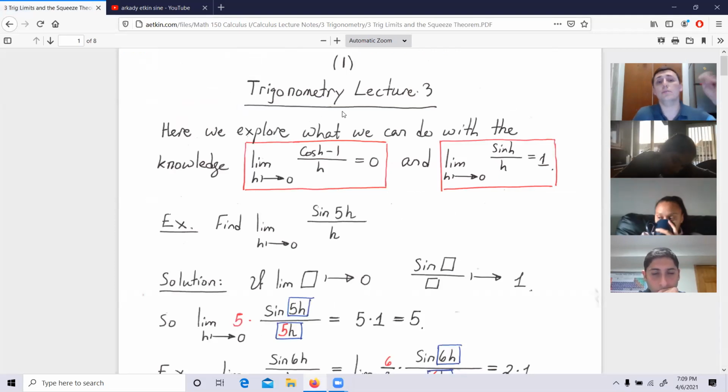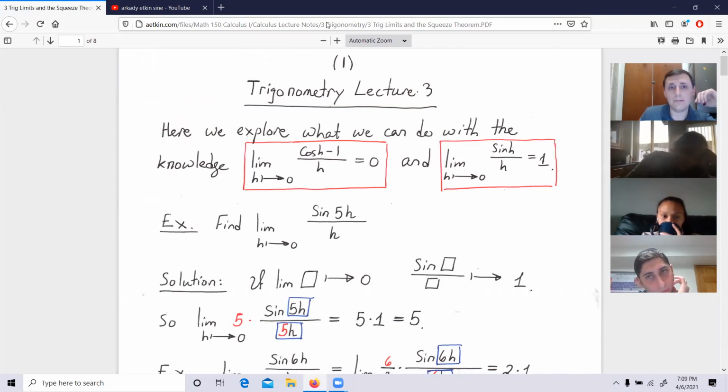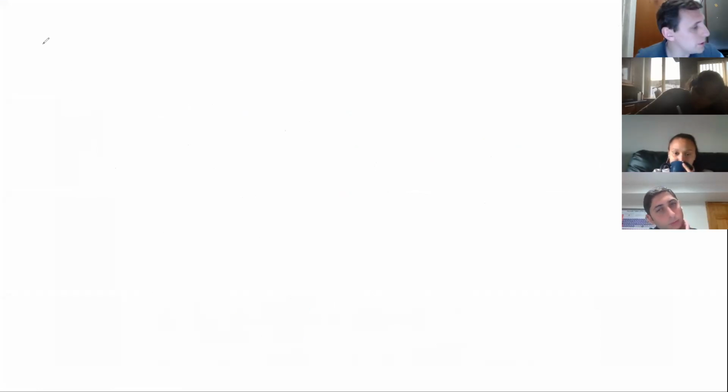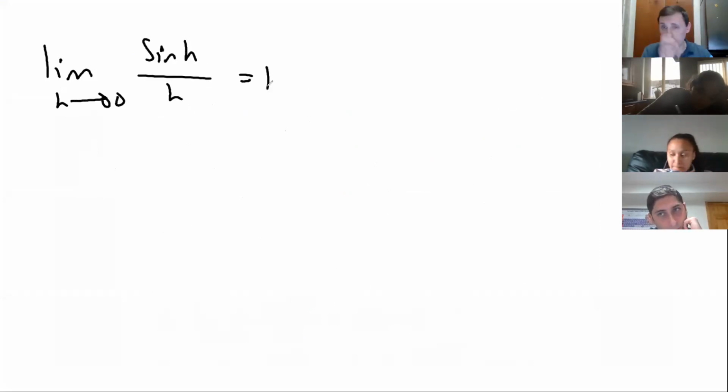All right, guys, so here are the limits that we just learned. It's cosine h minus 1 over h, sine h over h. Now, there is not really an h there. I mean, what does it mean when I say limit as h goes to 0 of sine h divided by h equals 1? All I'm saying is this.